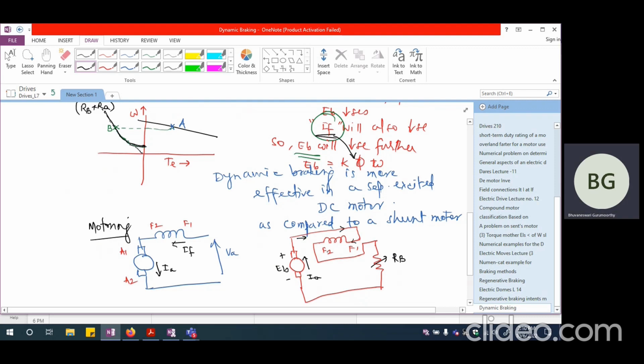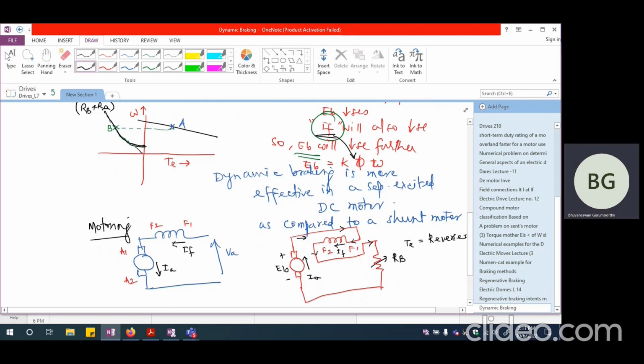Now it is going to flow from F1 to F2 still. So the field current is going to flow in this direction, and it is going to flow through the braking resistance. So I definitely need to disconnect and reconnect the field in such a manner that the field current retains the same direction, whereas the armature current is in the reverse direction. So the torque is reversed.